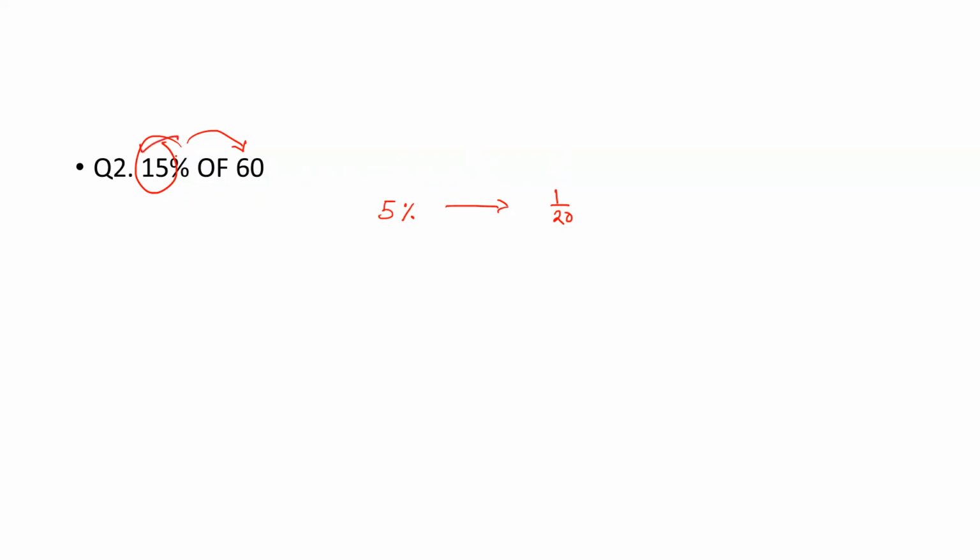What you want is 15%. What you have is 5%, that is 1 by 20. You want 15%, so what will you do? You will multiply this 5 by 3 and you'll get 15%. Yes or no? And if you multiply by 3 on this side, to balance the equation you have to multiply by 3 on the other side also. So you'll multiply this 1 by 20 into 3, and you'll get 3 by 20.